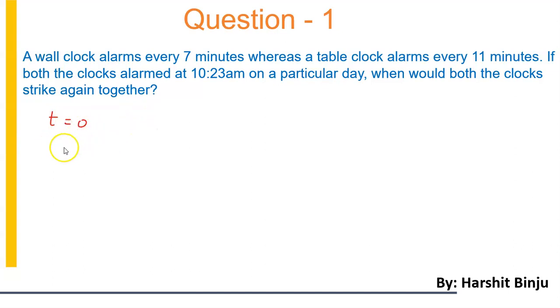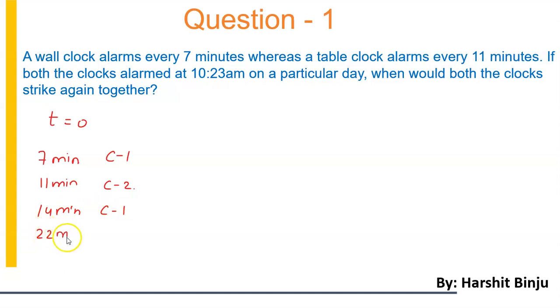So at t equals 7, the first clock will strike, and at t equals 11, the second clock will strike. Okay, then at 14 minutes, clock 1 is going to strike again.